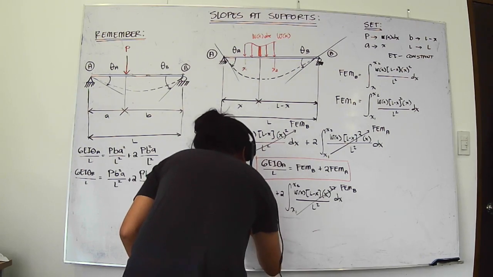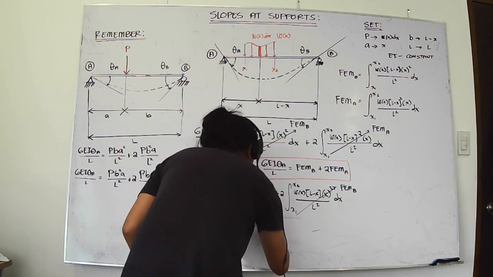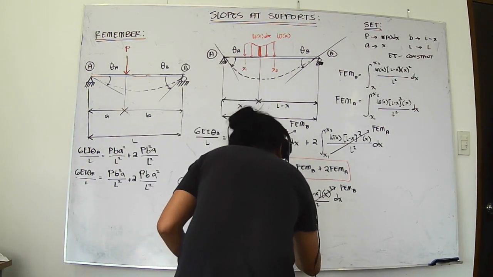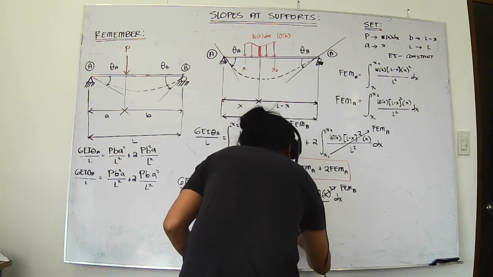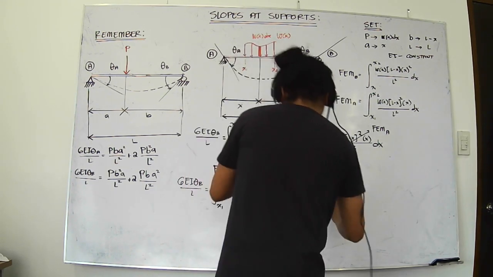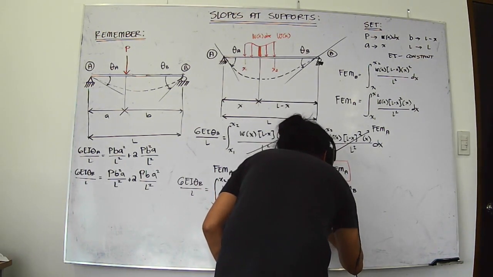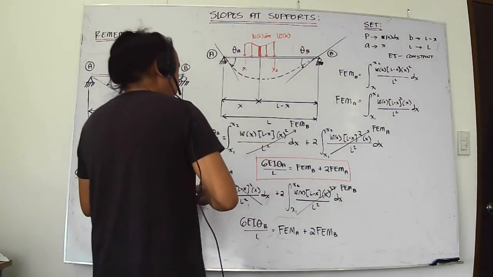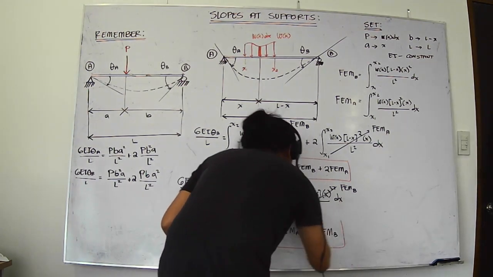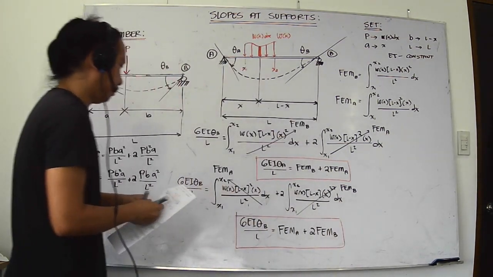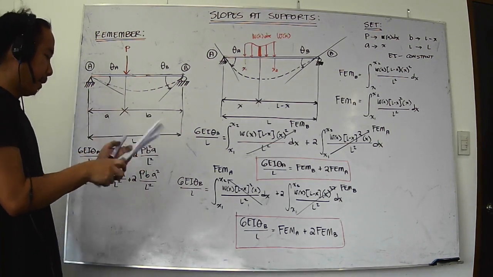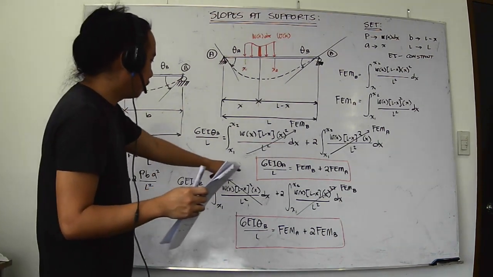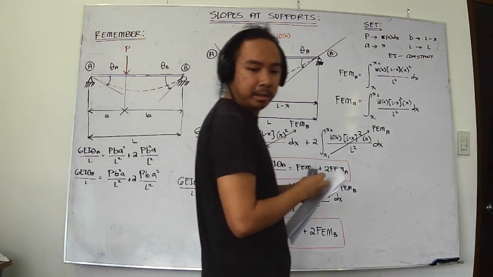This is 6 EI theta B over L is equal to FEM A plus 2 FEM B. This is basically our equation. Finally, I will edit this so that we get theta A exclusively.